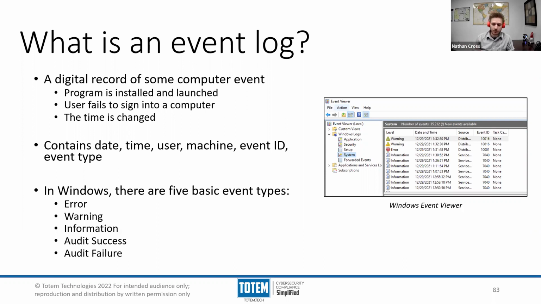Like you start up your system, but some service, some process doesn't quite load or start up correctly. Your machine's going to recognize that, and then it's going to generate an error event log, and you'll be able to see that.